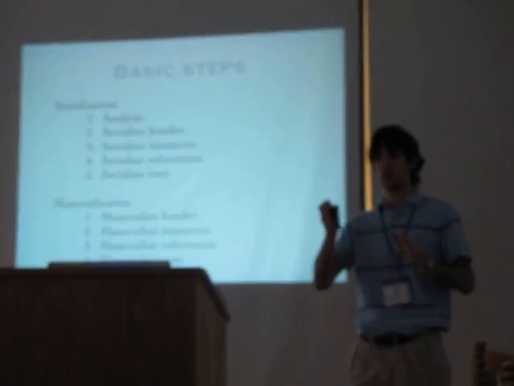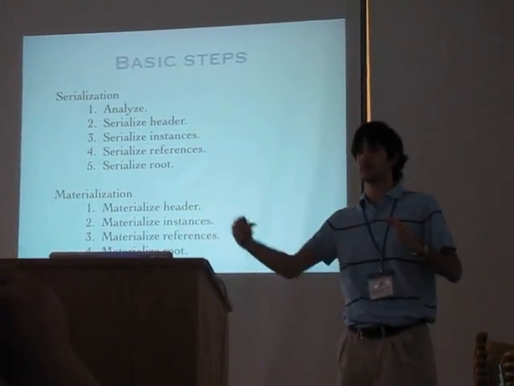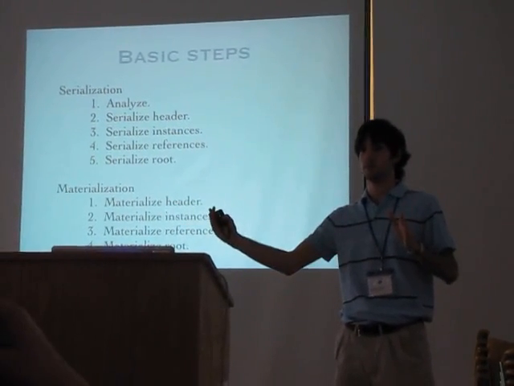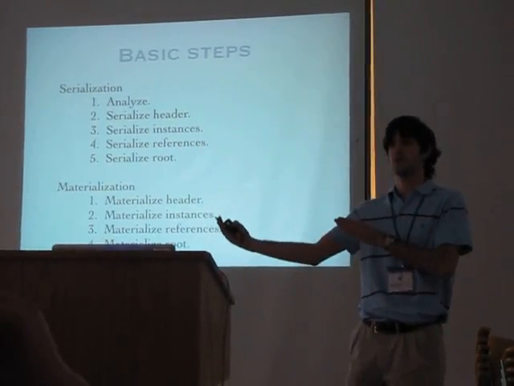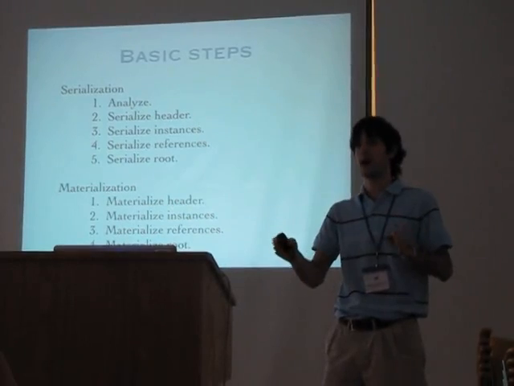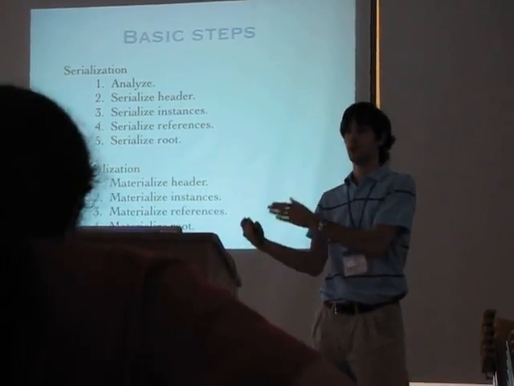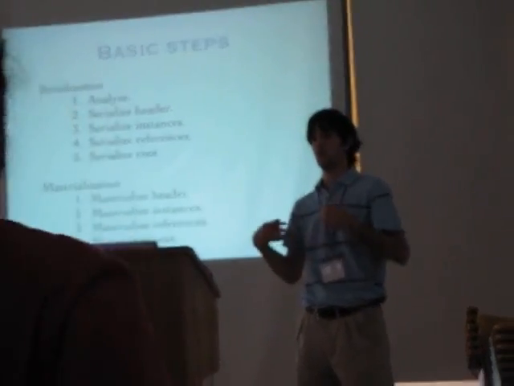Then following that, we write the references, which are offsets inside the same stream. Then during the materialization, we do a loop to materialize all those objects, and then we fix the references.